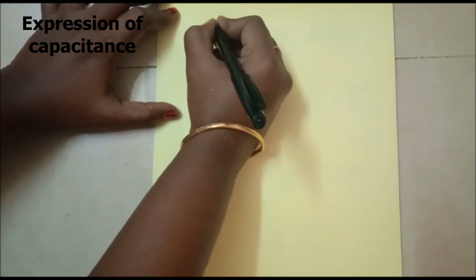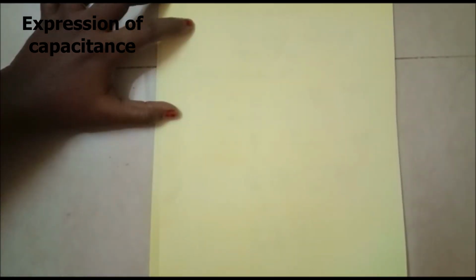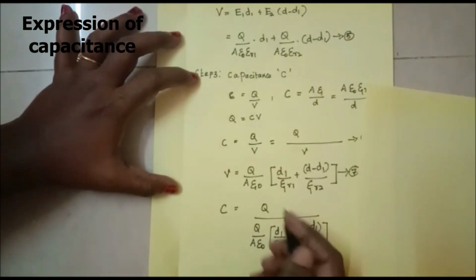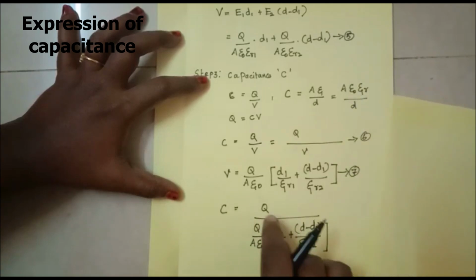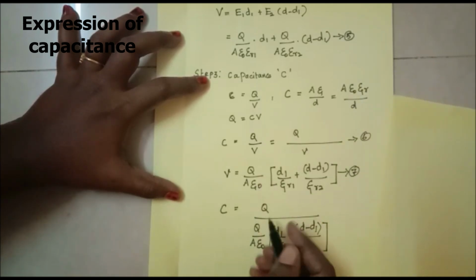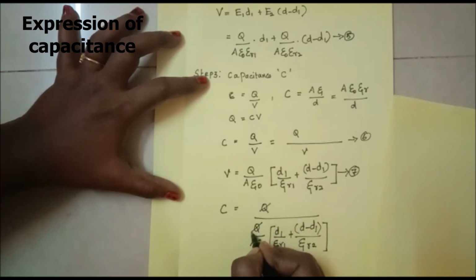Now for the capacitance, we can take the simple term C is equal to Q by V, where V can be replaced by its expression here. So Q is getting cancelled.